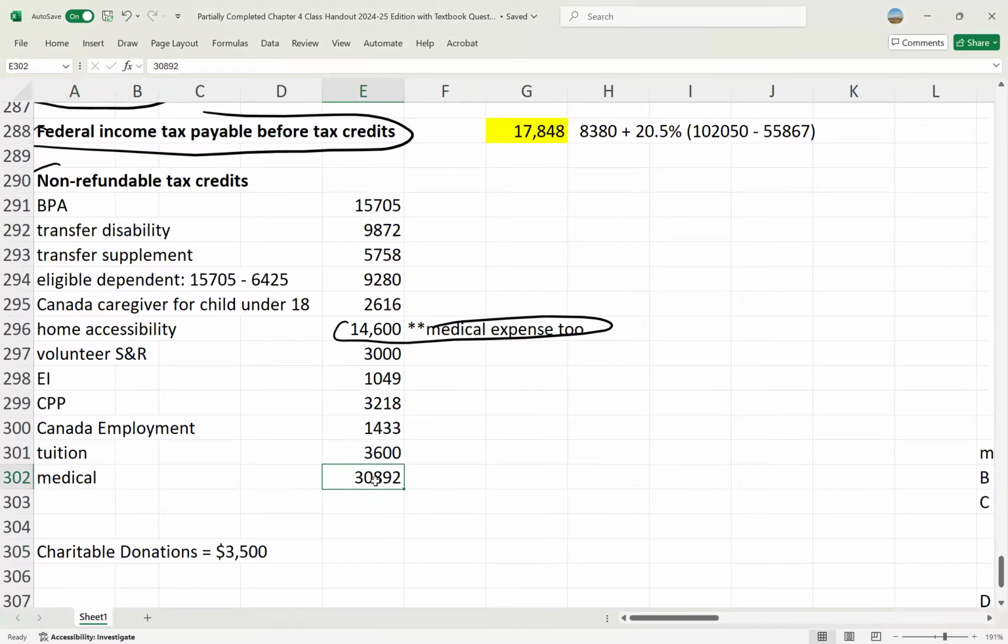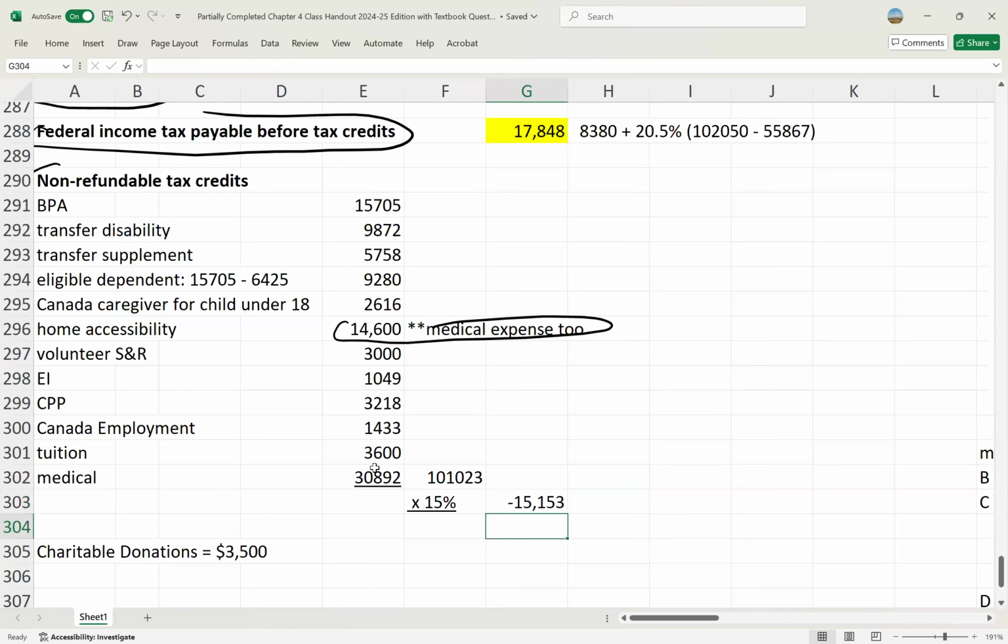So we'll just do a total here. So 101,023 times 15%. So that's going to be roughly 15,153.